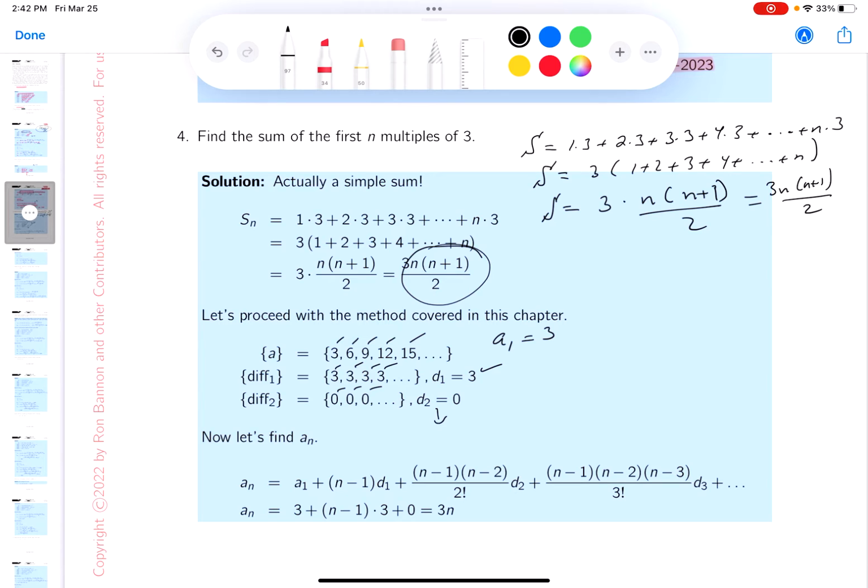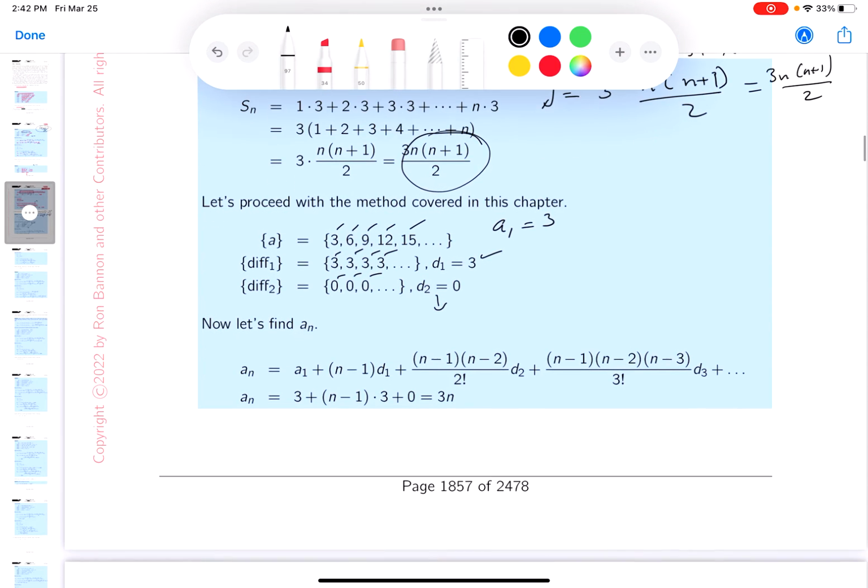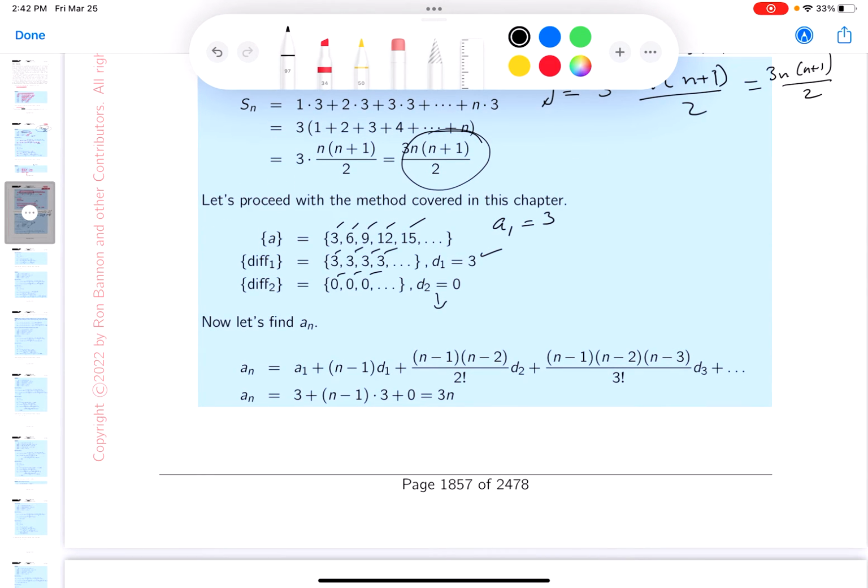So what are you going to do now? You could certainly write down An. It's not a bad thing to do. You could use the formula if you want. Let's do it. So what's An going to be? An is going to equal A1, which is 3, plus n minus 1 times D1, which is 3.